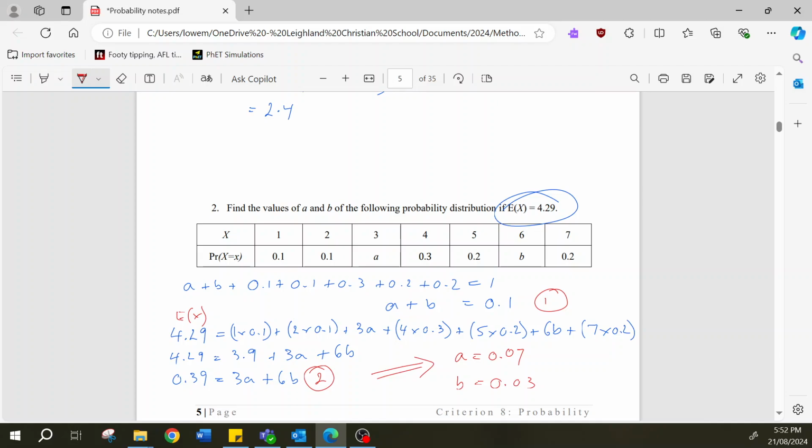I just did that on the calculator. It's pretty quick to do it that way, and in fact, just as a reminder, for the most part in Methods 4, if you need to do simultaneous equation solving, you just use your calculator to do it. Obviously in the calculator section, they're not testing your simultaneous equation solving skills. So use your calculator where you can.